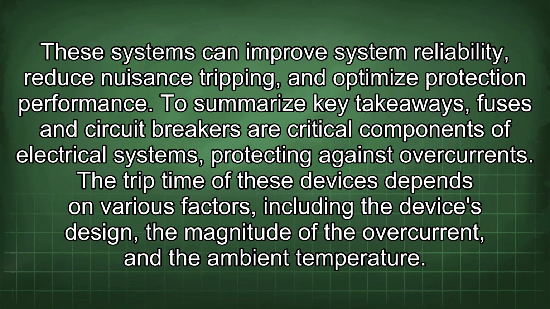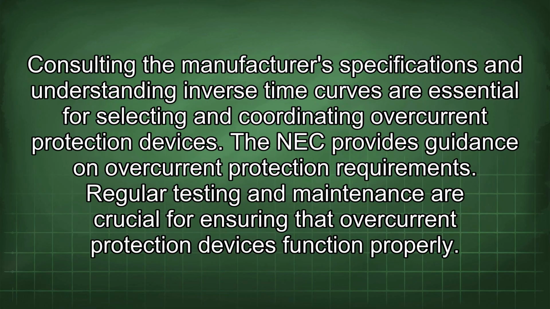To summarize key takeaways, fuses and circuit breakers are critical components of electrical systems, protecting against overcurrents. The trip time of these devices depends on various factors, including the device's design, the magnitude of the overcurrent, and the ambient temperature. Consulting the manufacturer's specifications and understanding inverse time curves are essential for selecting and coordinating overcurrent protection devices.